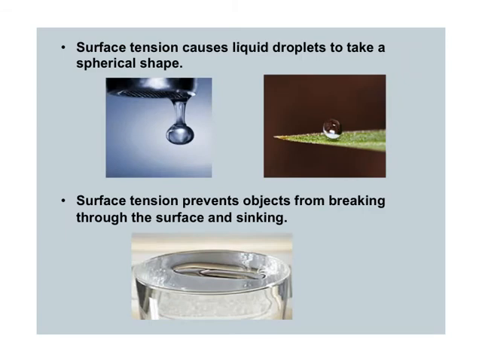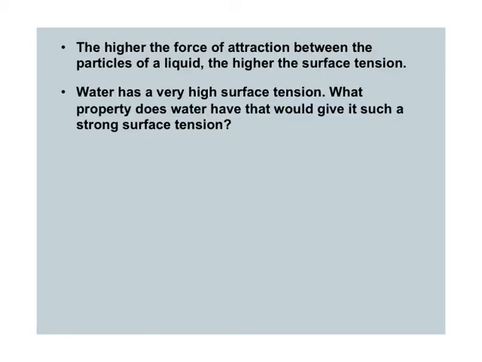Here you can see surface tension causes droplets to take on a spherical shape because it encloses itself. It also helps prevent objects from sinking, like water bugs that walk on water or paper clips resting on water, which you can try again.